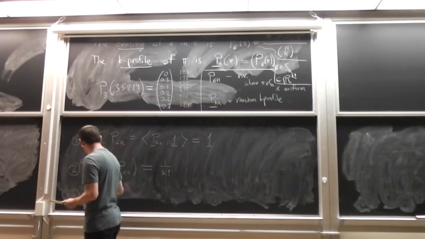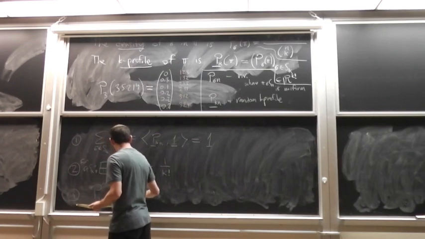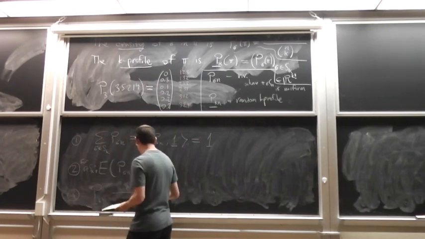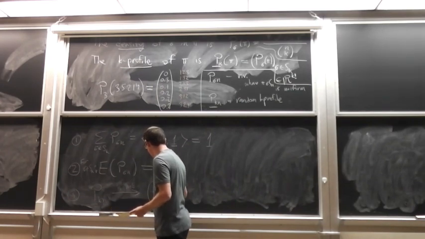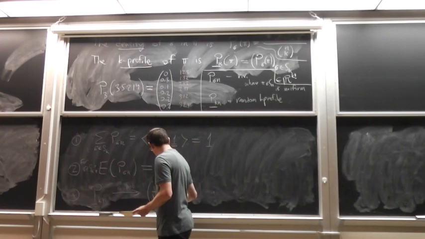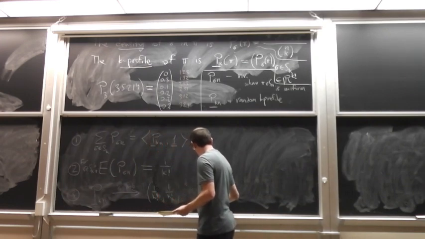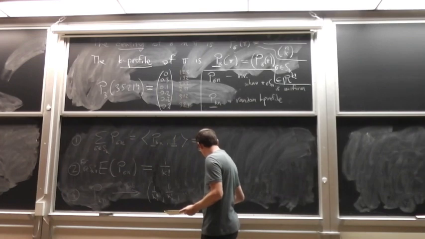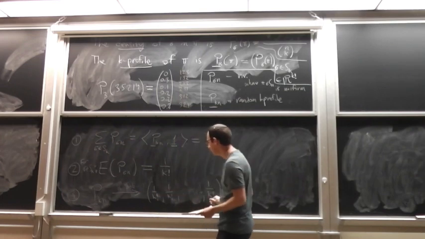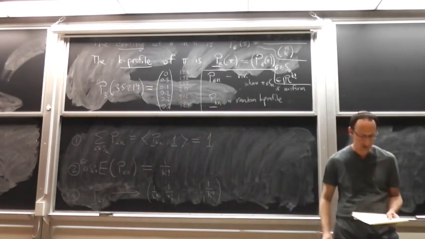If we take Pkn, then it converges in probability to its expected value, which is the 1 over K factorial vector, this point in space with K factorial entries, each one of them 1 over K factorial.